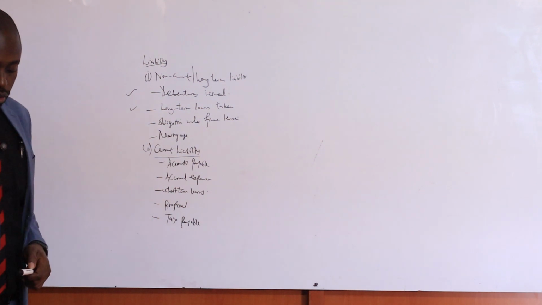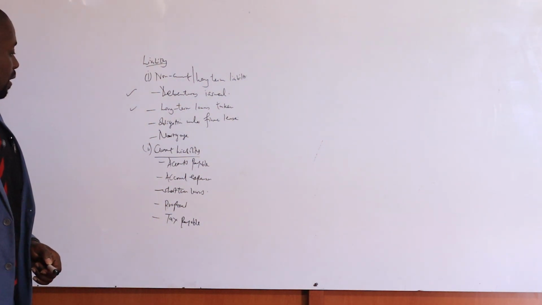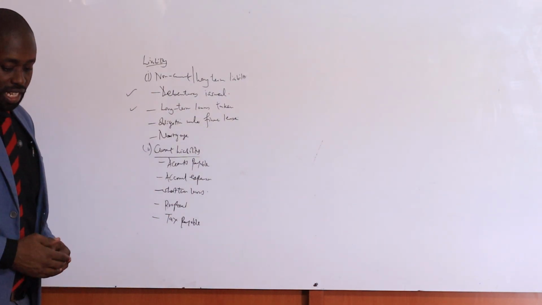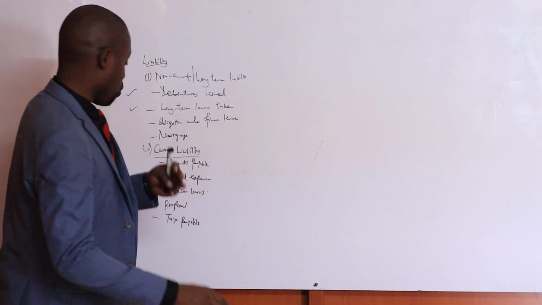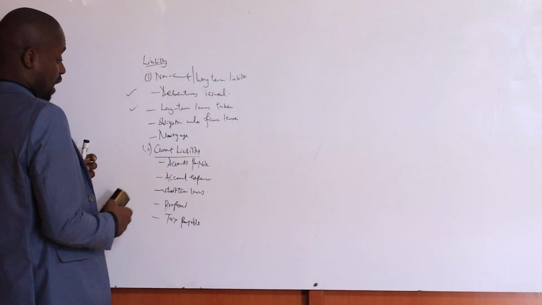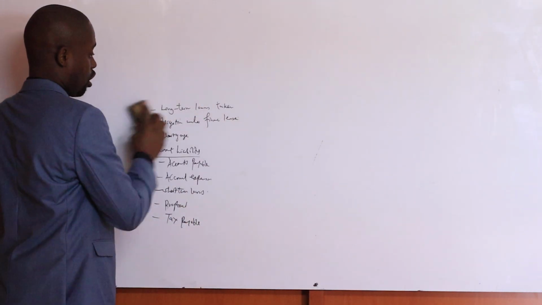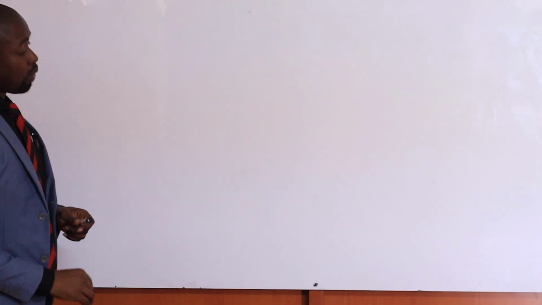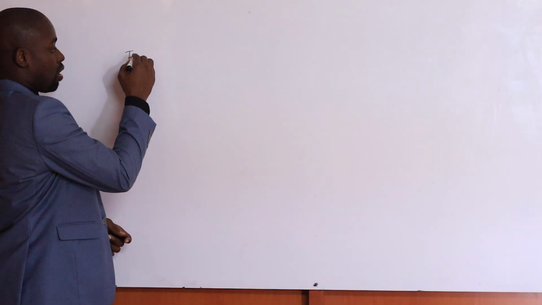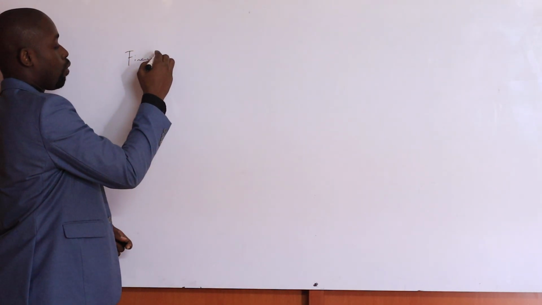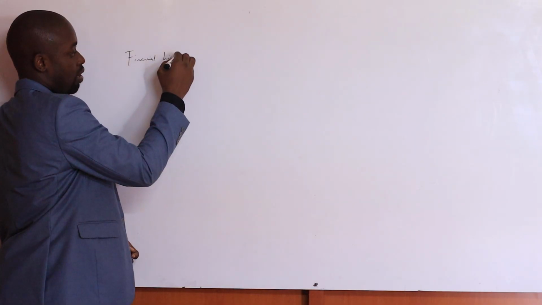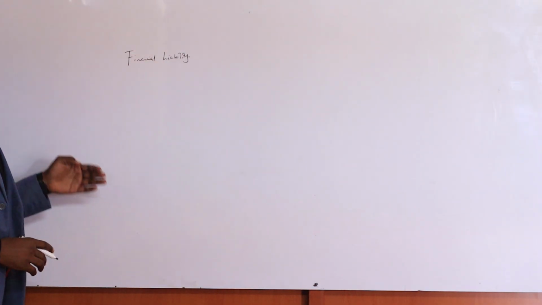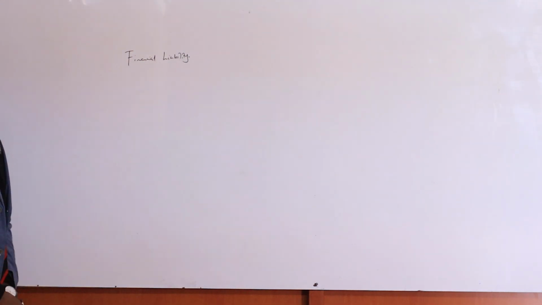The final type of liability is what we call financial liabilities. Financial liabilities are more or less the same as financial assets. I want to derive it from the financial assets we talked about. It's the exact opposite of financial assets. We said financial assets were cash and cash deposits.